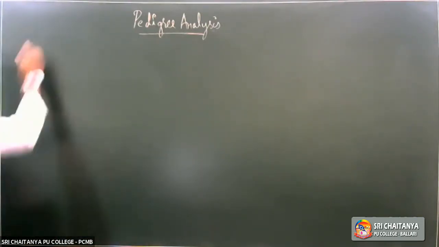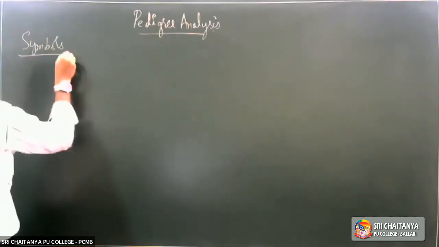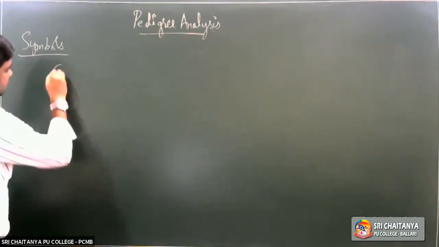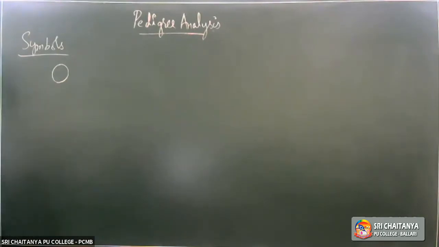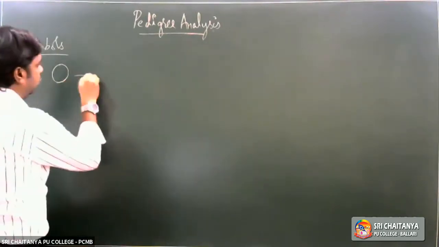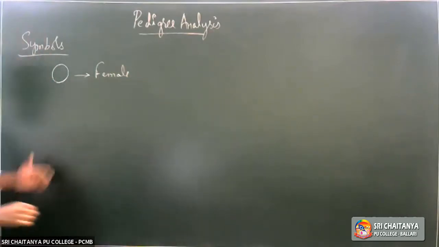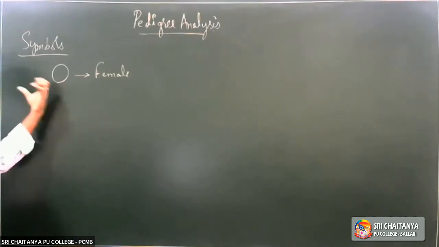So the first symbol we use is a circle, right? An empty circle denotes a normal female. Whenever we have to denote a female, we use this particular circle.